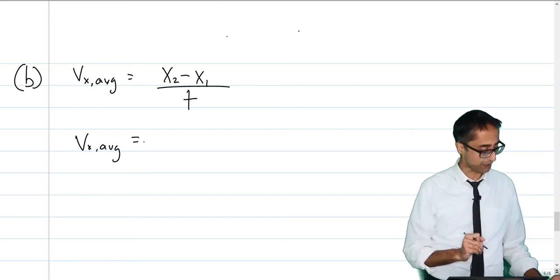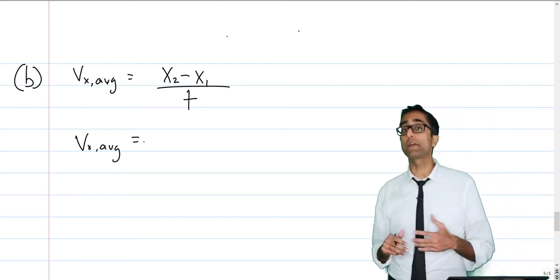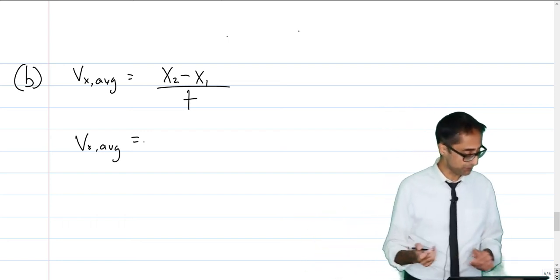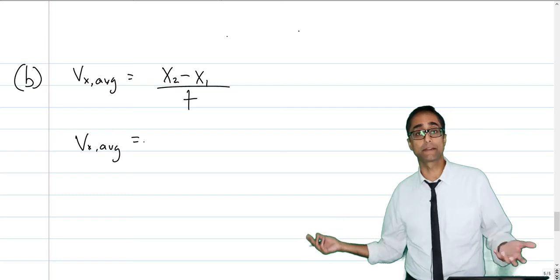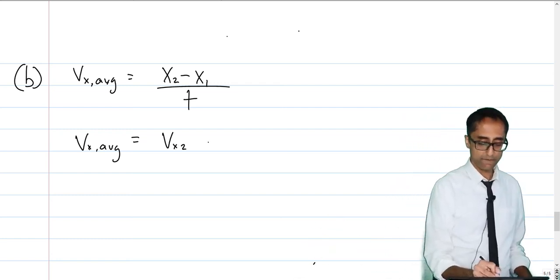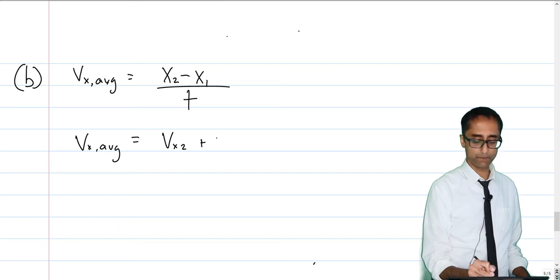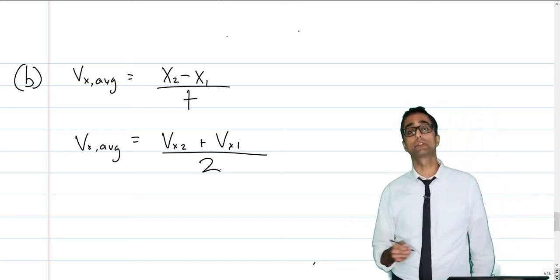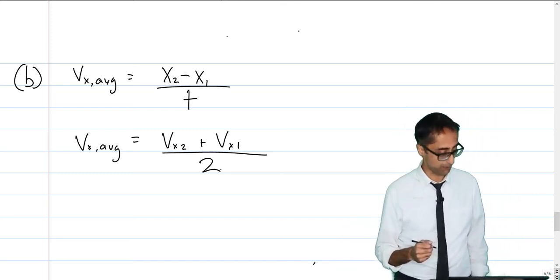If you're not sure what I'm talking about, think about what the average of any two numbers is. If I had any two numbers, of course I would just add them up and divide by 2. Well, it turns out I can do the same thing with my velocities. If I take my final velocity and I add it to my initial velocity, I divide by 2, that gives me my average velocity, the way we've set these problems up.